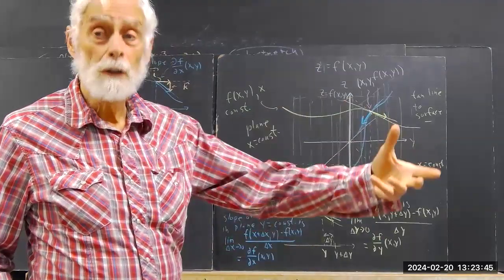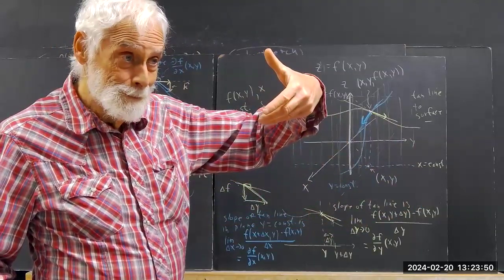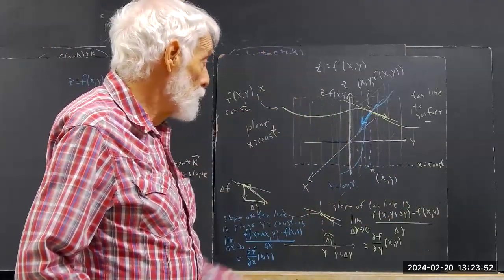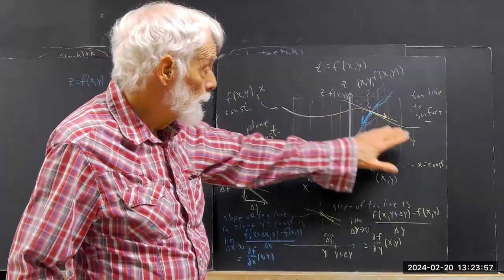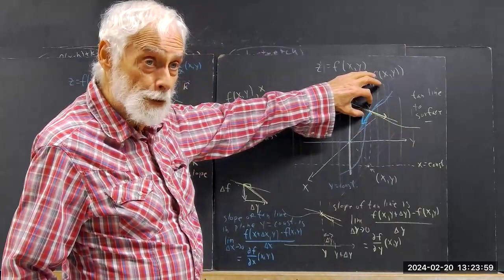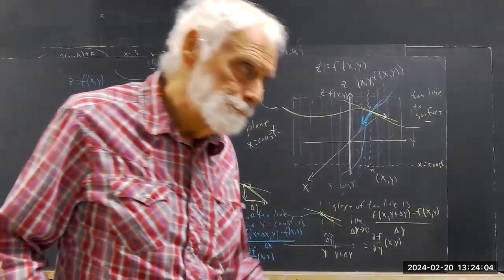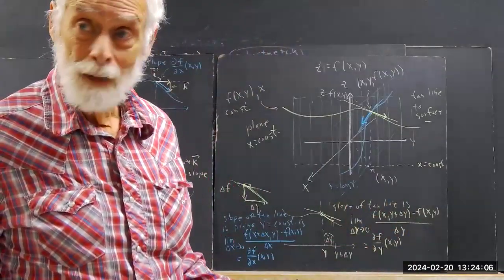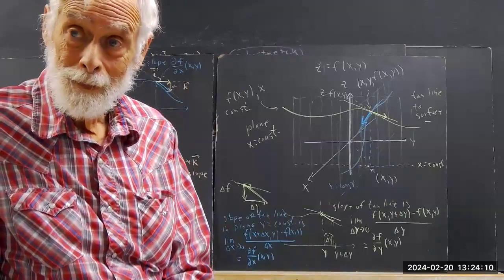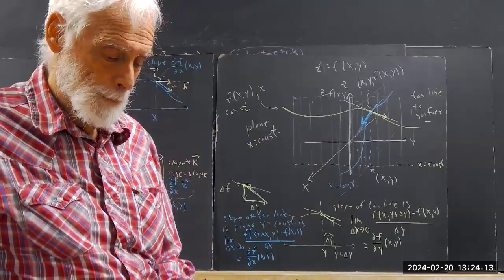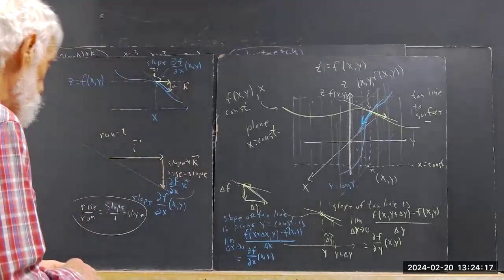And as I said quickly before, if we take their cross product, we get the normal. Once we have the normal, we have a point here, so we get the tangent plane. And the tangent plane approximates the surface in the near vicinity of this point, assuming that the surface is differentiable in both directions, so that it's nice and smooth, no jumps, continuous, and so forth. Okay, well, let's finish it.